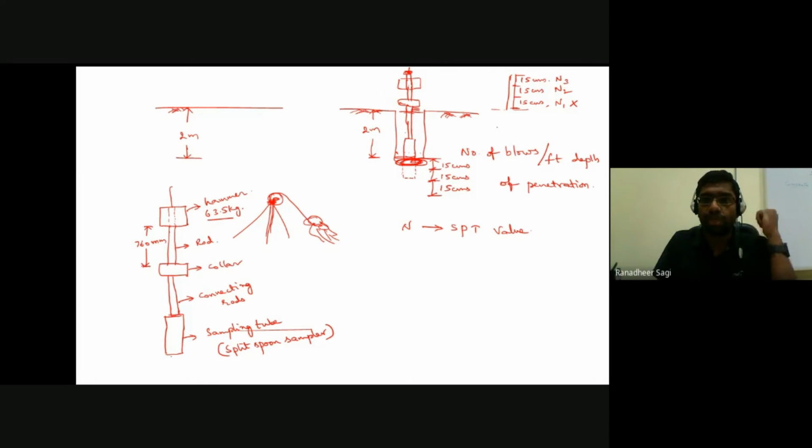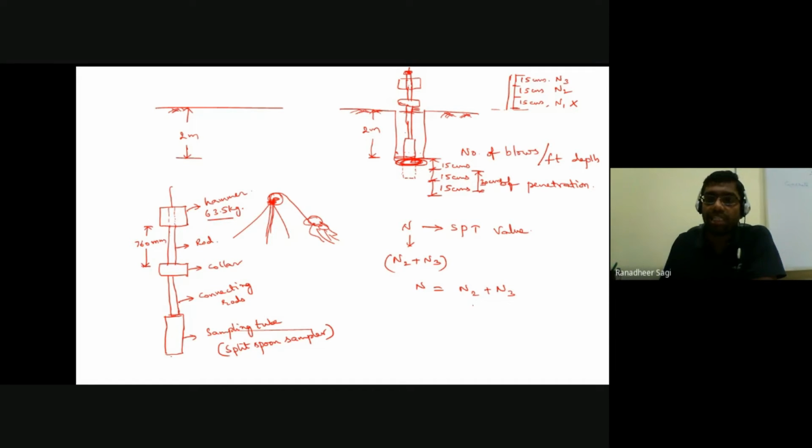So put together, the remaining 30 centimeters depth of penetration after the initial 15 centimeters: the total number of blows required for that next 30 centimeters is what we calculate as the SPT N value. So I am simply writing SPT N value is equal to N2 plus N3.